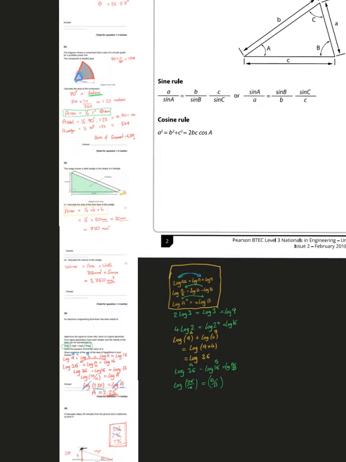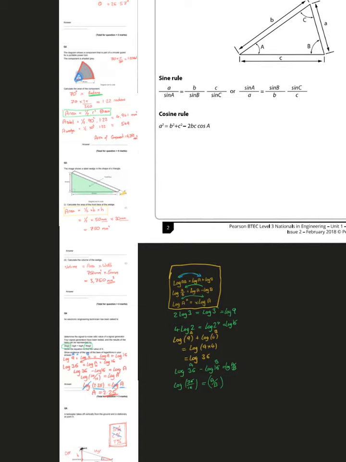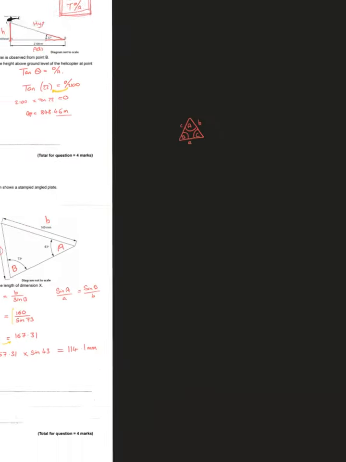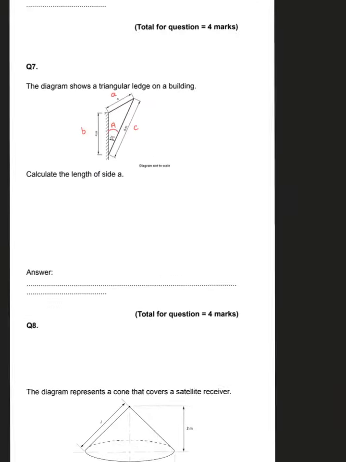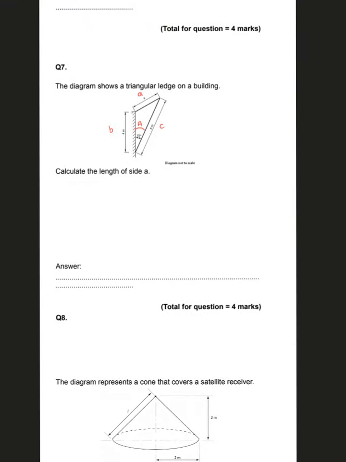So A squared is equal to B squared plus C squared minus 2BC cosine A. We're looking for A, so A squared is equal to B squared plus C squared minus 2BC cosine of A. And all you do is you plug it straight in and you take that bit of care.